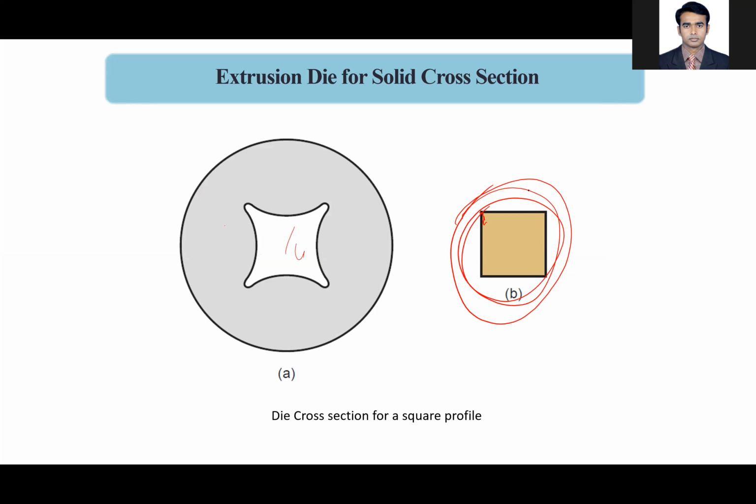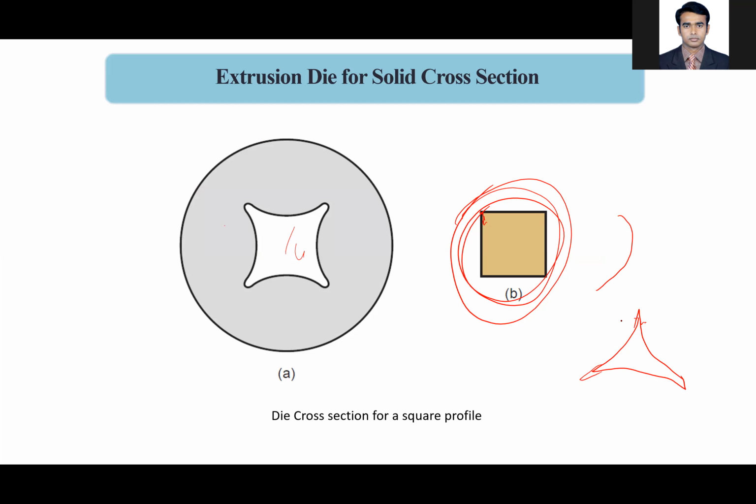For a triangle, it will be something like that. Sorry, not like this. If you want to get a triangle, the die will be something like this. It also involves some calculation and trial and error.